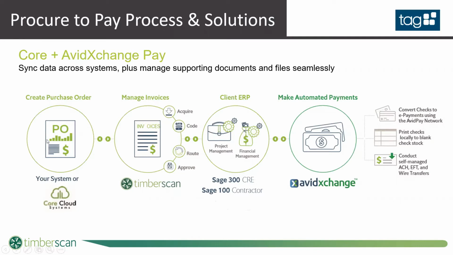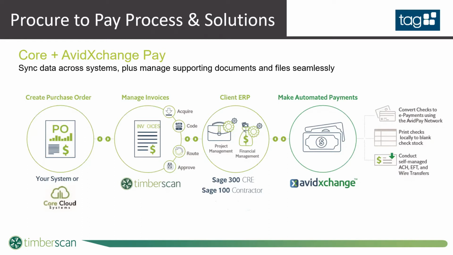Requisitions, purchase orders, and your receiving tickets can be created electronically using our Core Cloud Systems Field Purchasing Solution. We also call it CCS for short. The documents can be created from anywhere on any device, and CCS is integrated with both Timberscan and Sage 300 CRE.